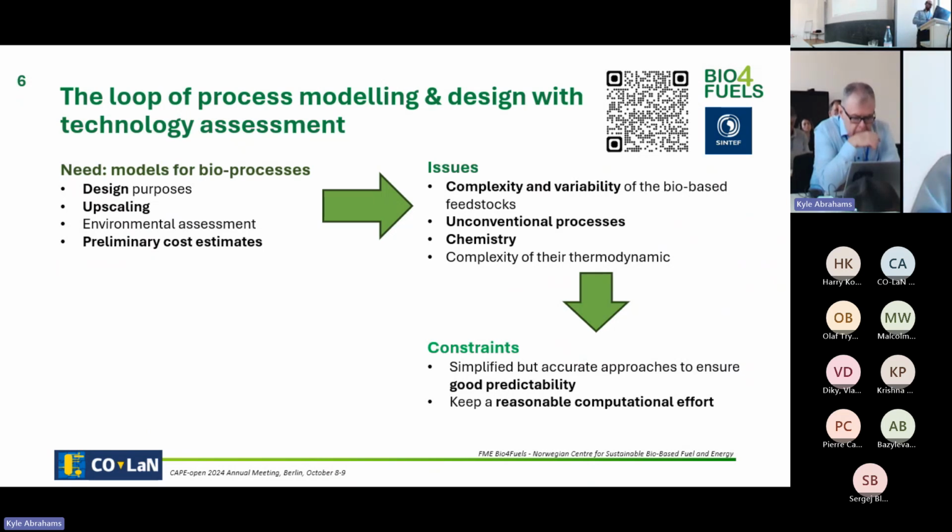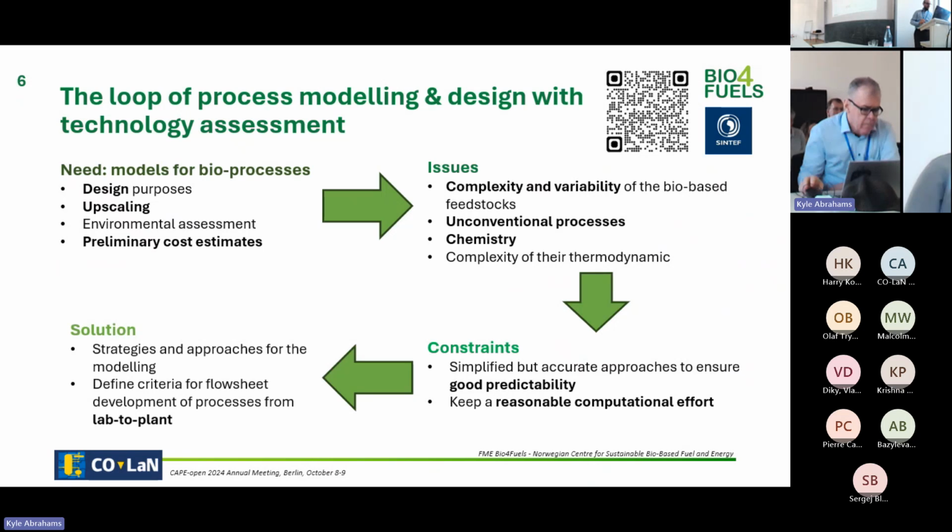So I need good predictability with a reasonable computational time. So the solution is to lump the molecules, to reduce the number of molecules that I will have to handle in my simulation flow sheet, and after that tune my modules and my sub-models in order to match the experimental data and understand what is happening inside my system.